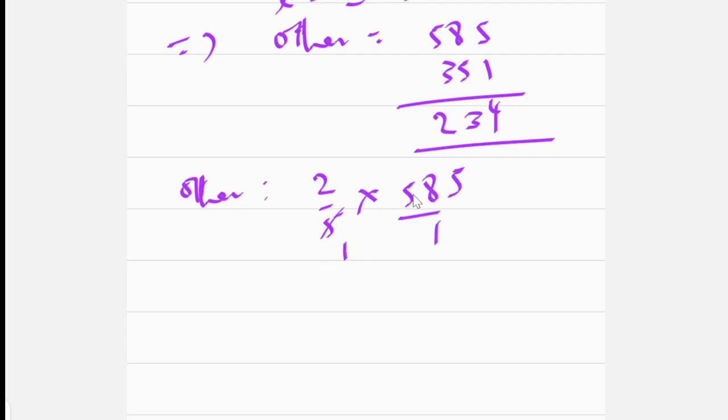You consider 5 into 585, that is 117. So what is 117 times 2? That is 234.